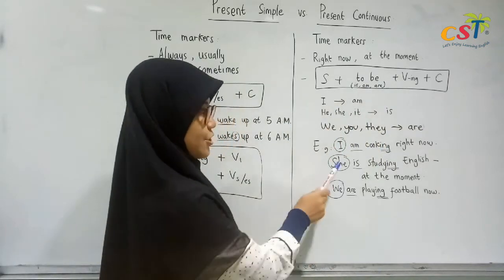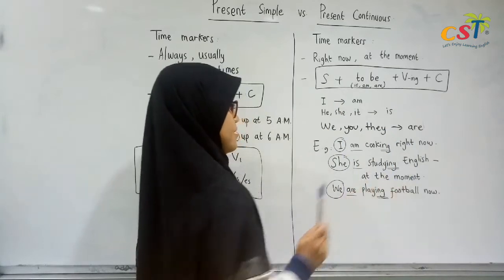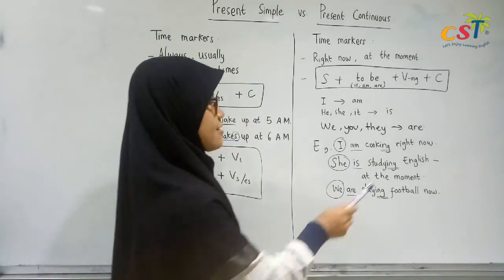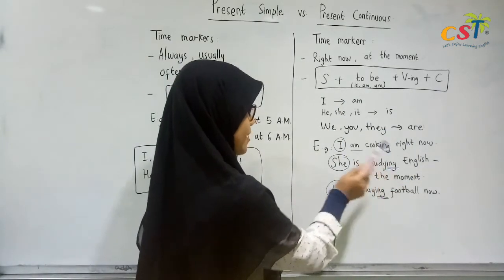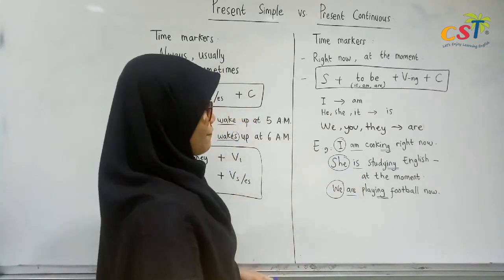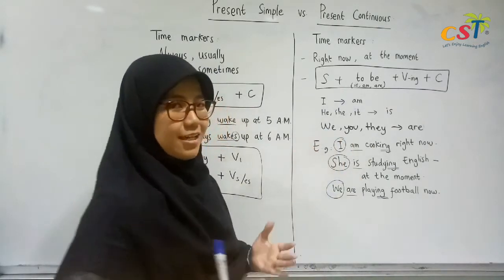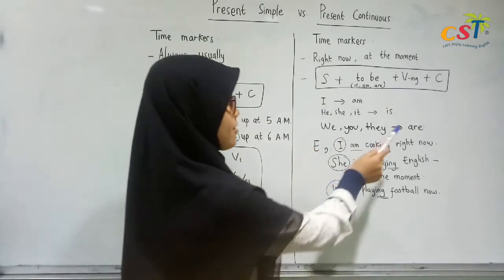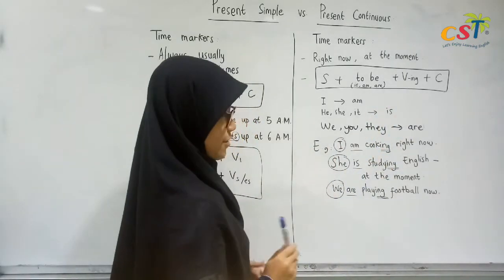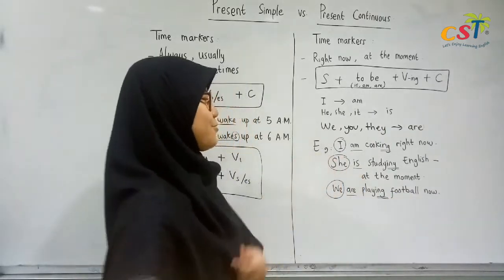For example, she is studying English at the moment. So again, you have to add verb ing after to be. And the last one, if the subjects are we, you, they, it has to be followed by are. Yes, for example, we are playing football now.